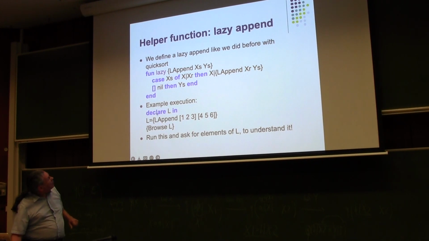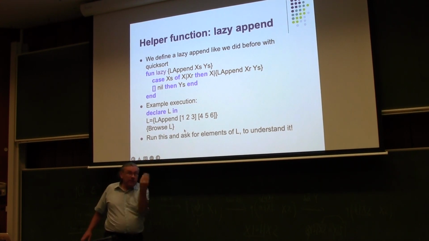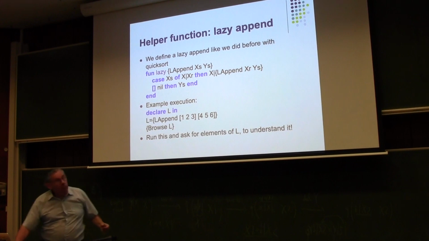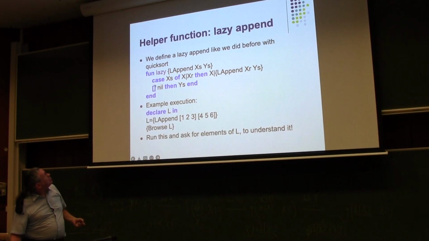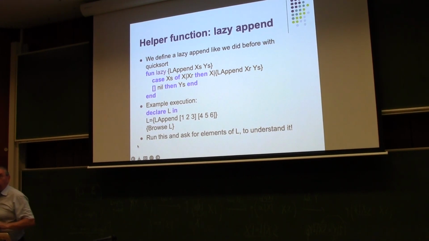So whenever I ask for an element, here I do L_append, for example. If I do L.1, I'm asking for the first element. That will activate the lazy suspension, and the case statement will ask for the first element of XS. Okay. So this is a lazy append. So this is our helper. We're going to need this.